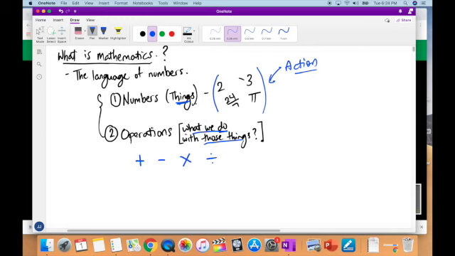So numbers are things, and operations are what we do with those things. And hopefully, if I do my job correctly, you can see that we have 4 operations: addition, subtraction, multiplication, and division.